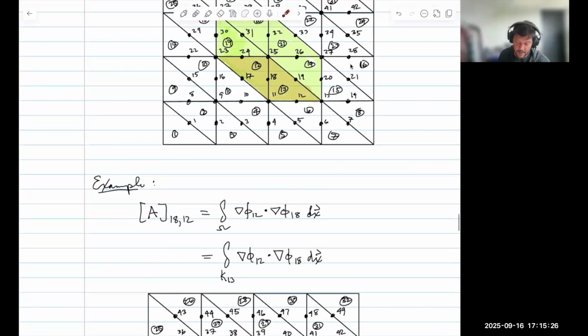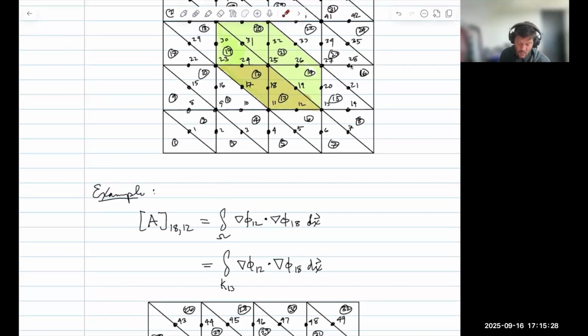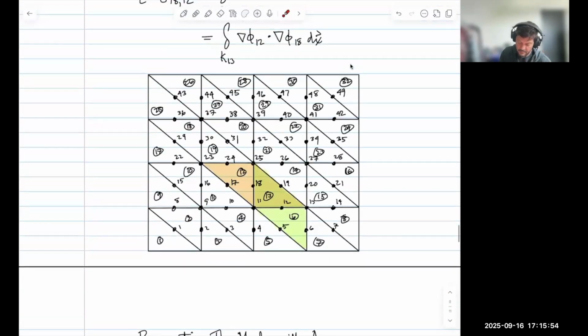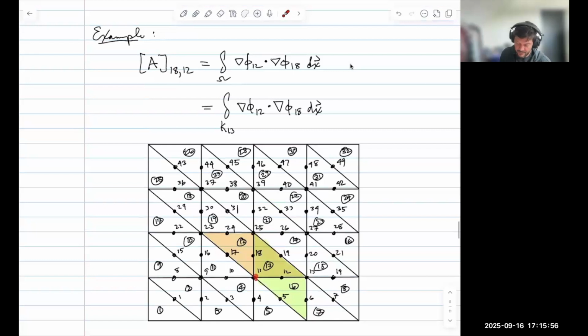But let's do another simple example. What about A(18,12)? By definition this is the integral over omega of gradient phi 12 times gradient phi 18. So where's 12 and 18 at? There's 12 and there's 18. 12 is a bubble function, and it has that support.